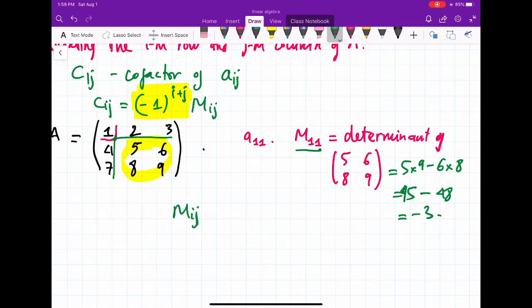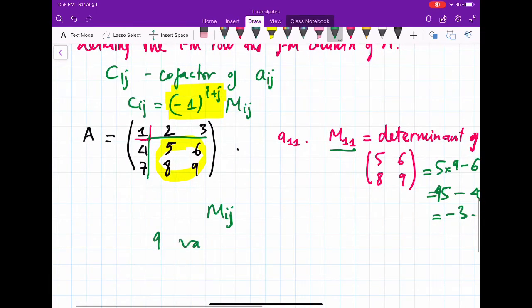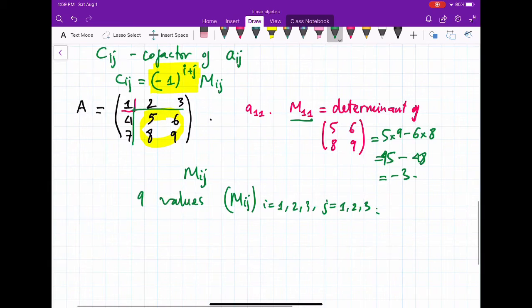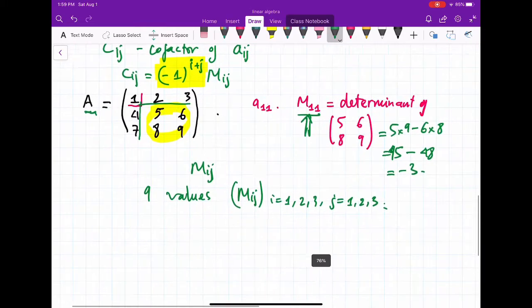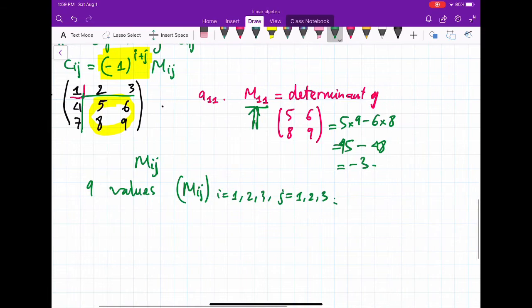So that means you have 9 values, because i goes from 1 to 3 and j also from 1 to 3. Since you have 9 entries in the matrix A, you have 9 values Mij.